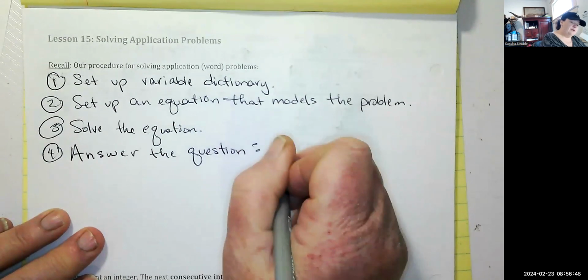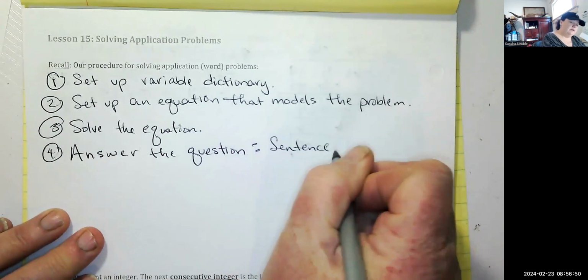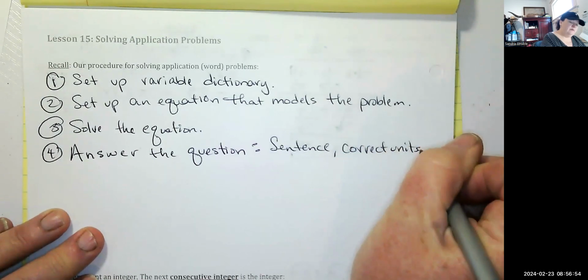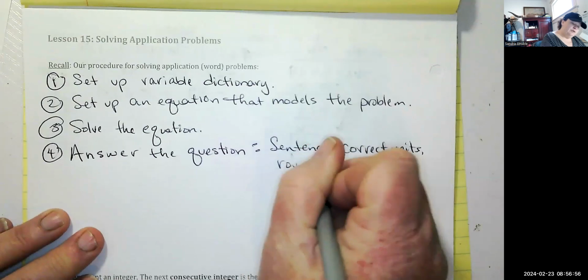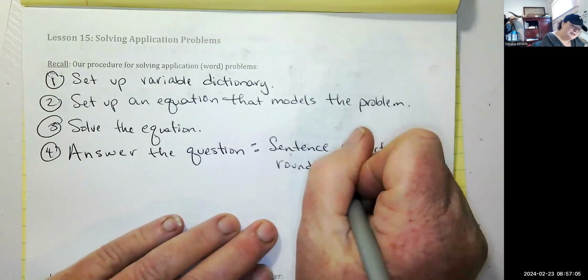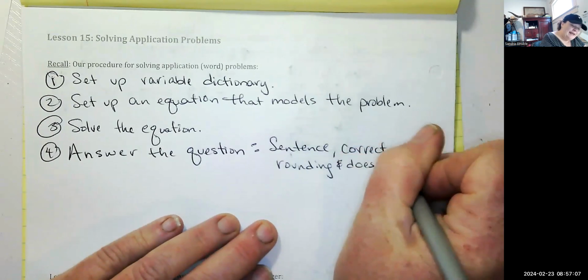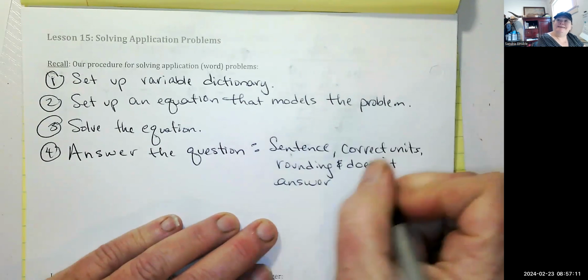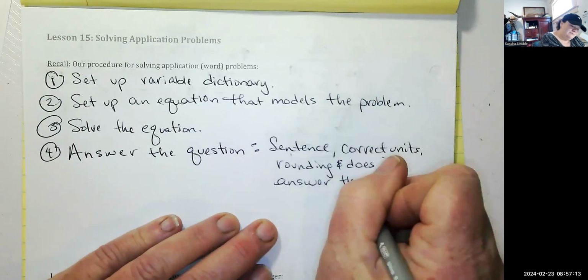You need to make sure you give me a sentence, correct units, and rounding. You need to check to see what you're supposed to be rounding to. Does the answer make sense? Does it answer the question?